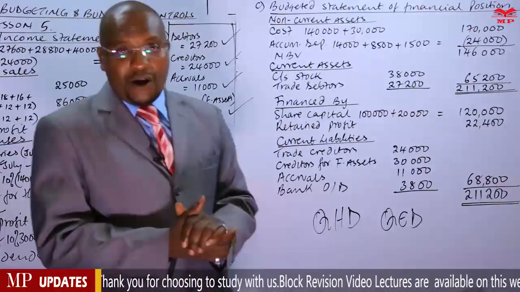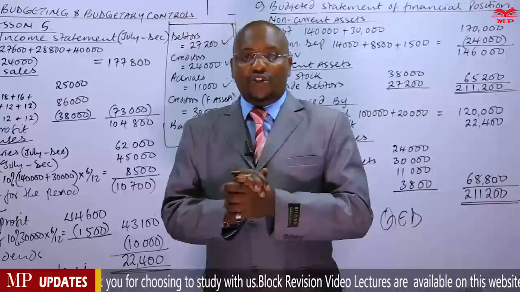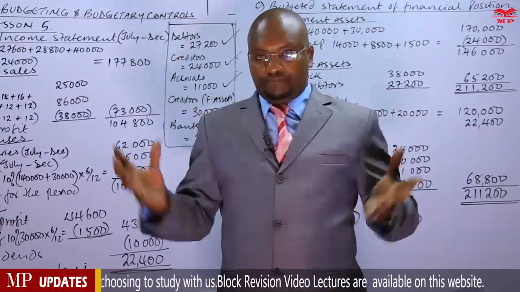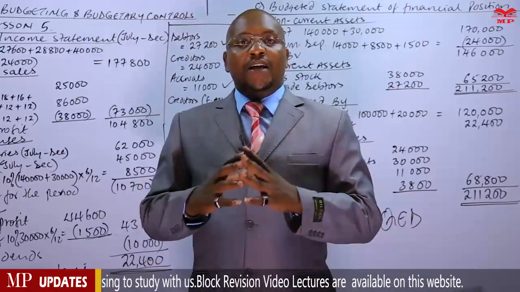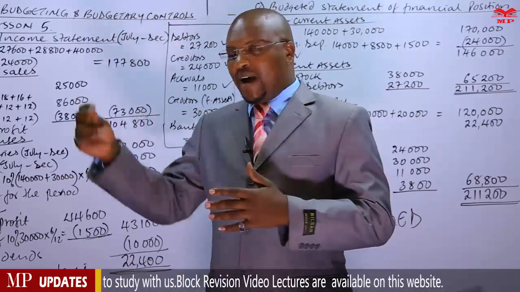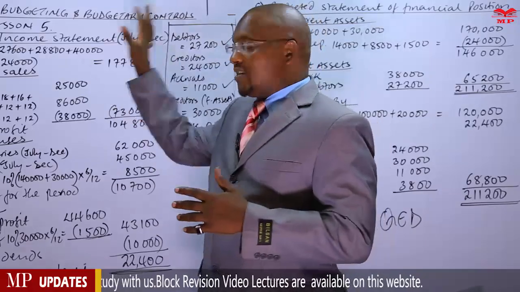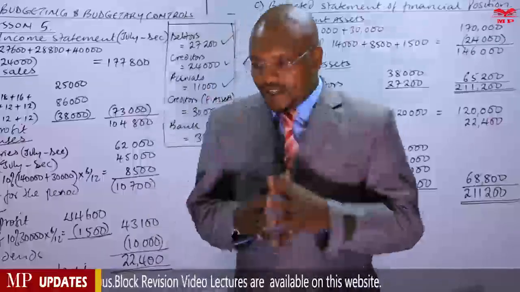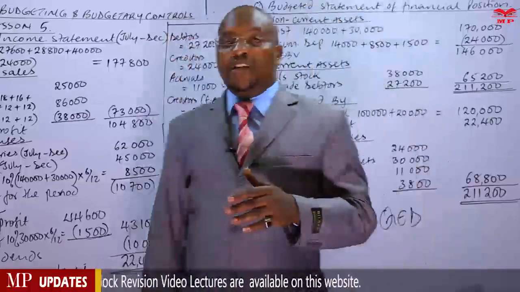That's all about the question, and that question has actually ensured that we revise the functional budgets, cash budget, the income statement and the balance sheet. That's all about the master budget, and that's all about lesson 5.